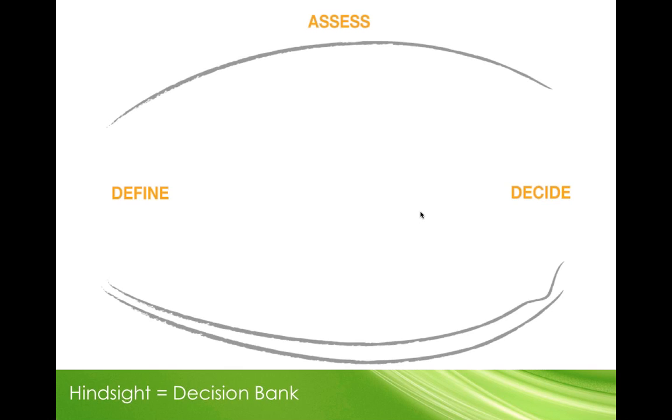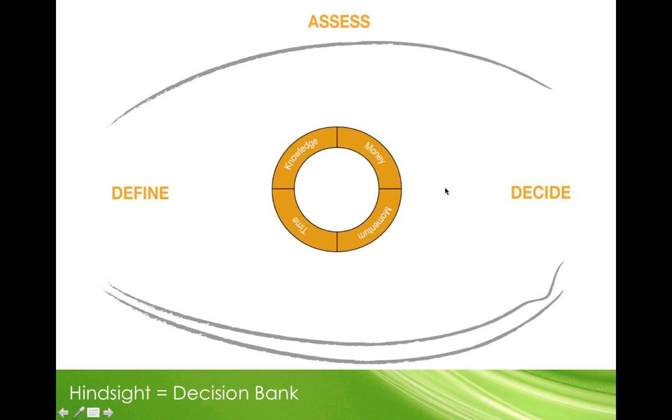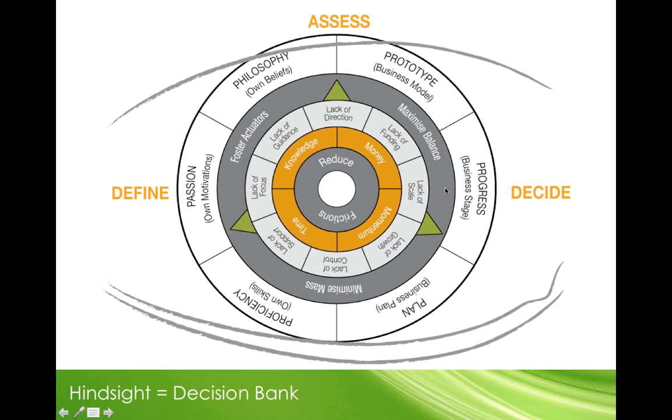So the decision bank, well, as a bit of a recap, we'll go through the app in a minute, but as a bit of a recap, we've said that there's a three-step process: define, assess, and decide. The hindsight process is then all about making sure that we follow the foresight, insight, and hindsight, and then lastly, the decision bank is right at the middle of that model.